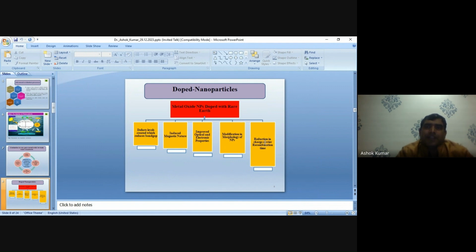And there is a reduction in the charge carrier recombination rate, because impurity levels or sub-energy levels are created between the conduction band and valence band, which trap these radicals, so the recombination of the charge carriers is not so fast and the radicals can be used in the degradation of dyes. Also, there is some induced magnetic nature in the samples.